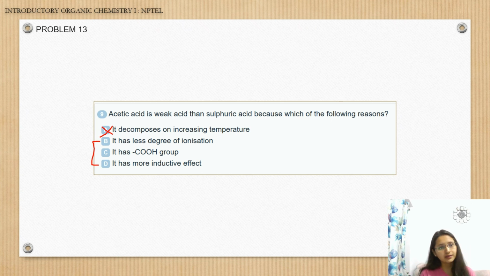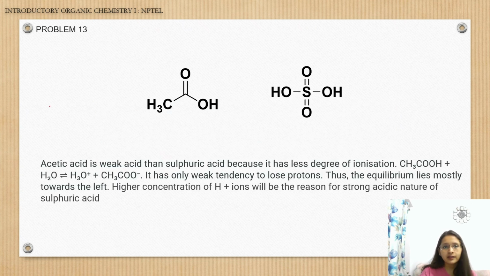So now I am showing here the structure of both. This is acetic acid and this is sulfuric acid. If you see, acetic acid has one OH, but sulfuric acid has two OH. So acetic acid has one ionizable hydrogen, but in the case of sulfuric acid there are two ionizable protons. Is it clear?